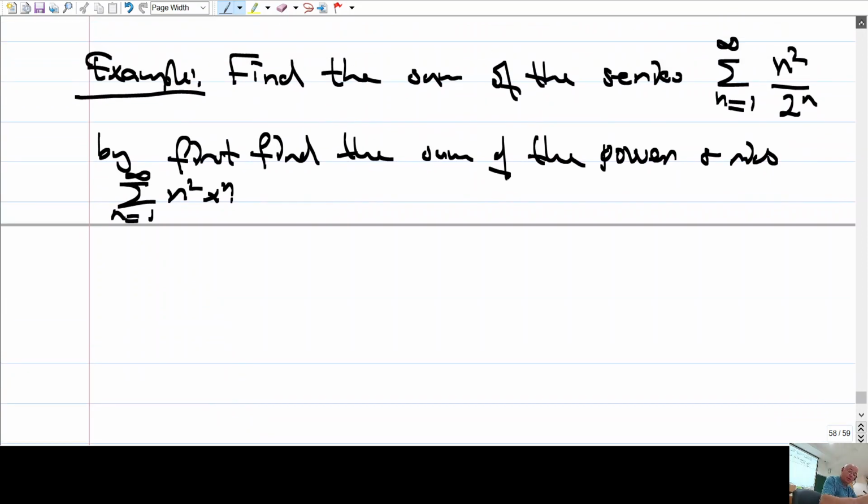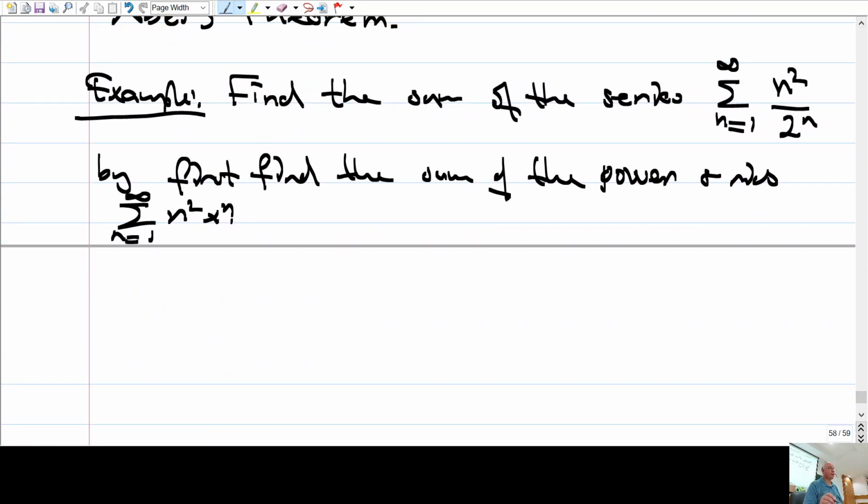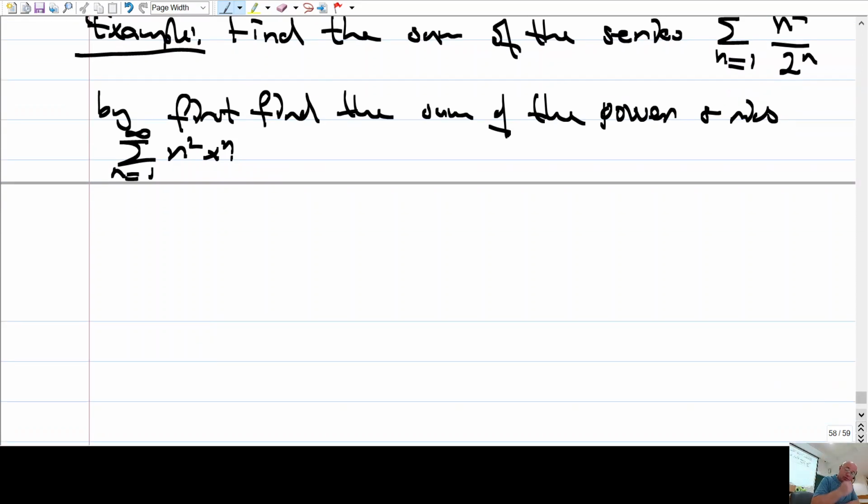So it says first compute the sum of this power series, n squared times x to the power n, and then use that to compute this. Note that in this power series, if you let x equals 1 over 2, you will get this gadget. So if I can compute this sum, then I'll just plug in x equals 1 over 2 and obtain this gadget. How can we do this?